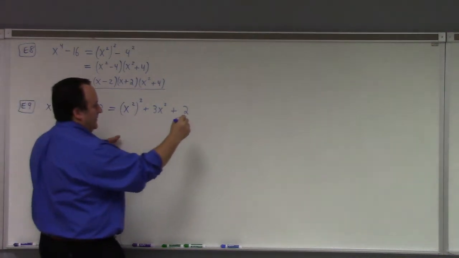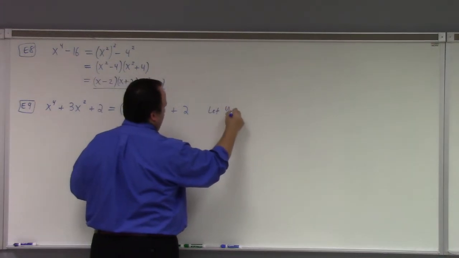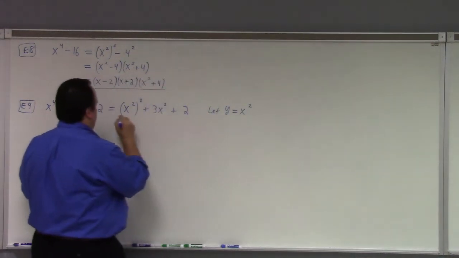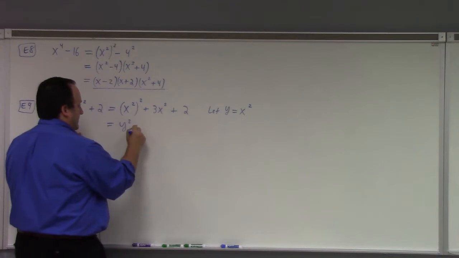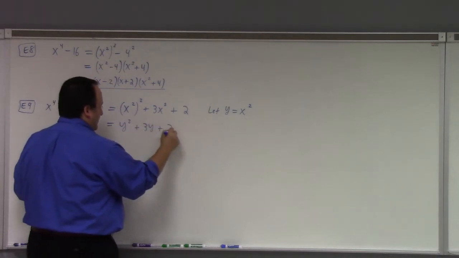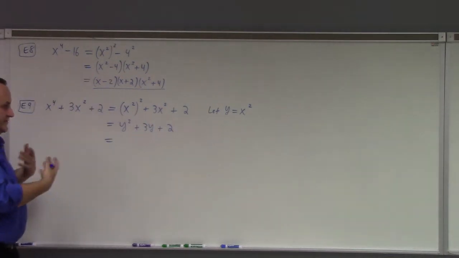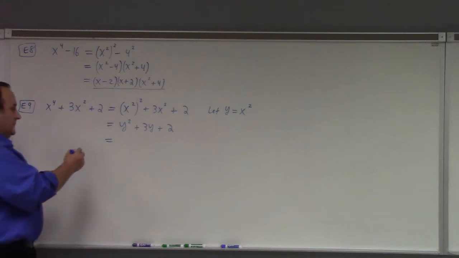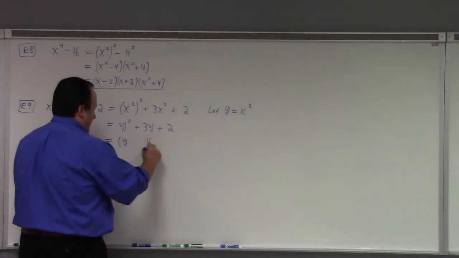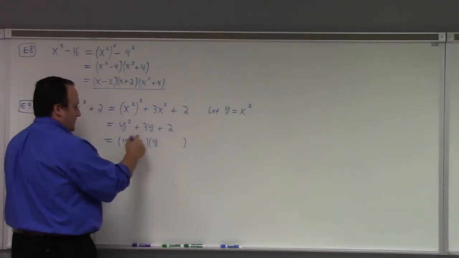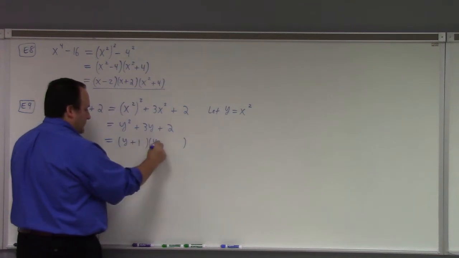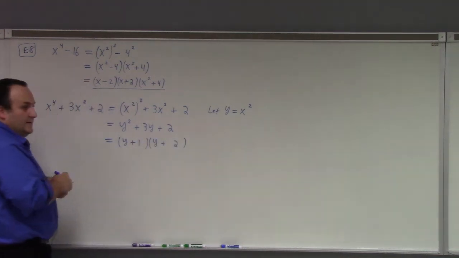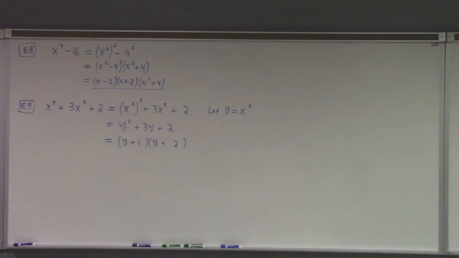We could let y equal x squared. And then this would be y squared plus 3y plus 2. How do you factor y squared plus 3y plus 2? I would say guess and check, yeah? So 1 plus 2, we should be good. Right?